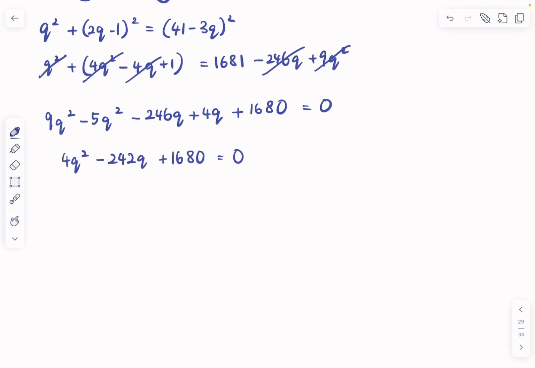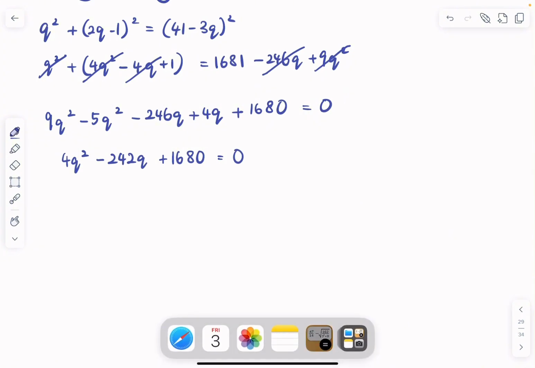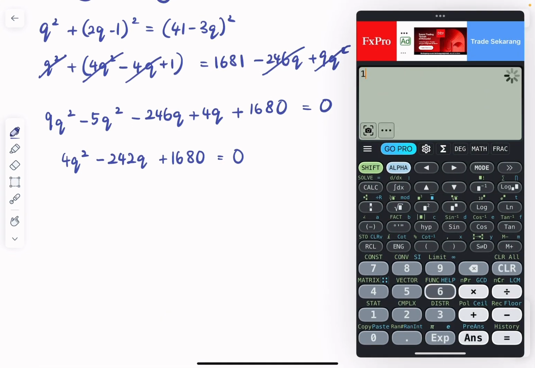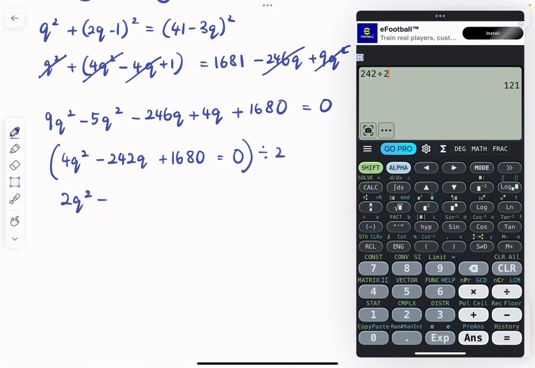Okay, now let's see if we can divide all these by 4 or not. 1680 divide 4, can. 242 divide 4, cannot. So can divide 2 only, maximum. So if we divide the whole thing by 2, we'll get 2q square, minus 121q, plus 1680 divide 2, 840.